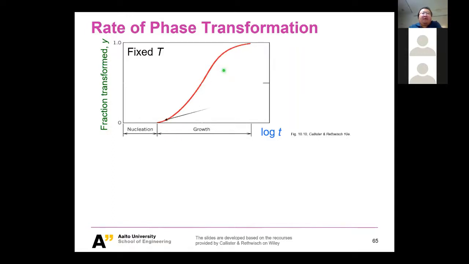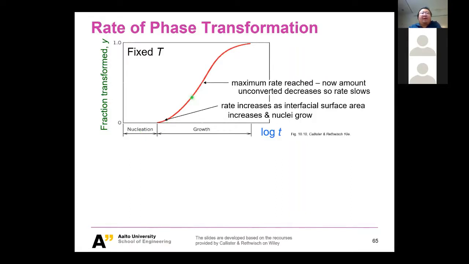So you can characterize this diagram into three stages. First, the rate increases initially, and a lot. At a certain point, your rate reaches a maximum. I'm not talking about the fraction, but about the rate, so the derivative of the fraction. You can see the derivative is increasing until a certain point, which usually corresponds to half of the transformation.